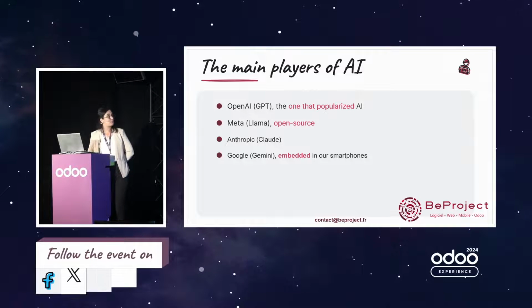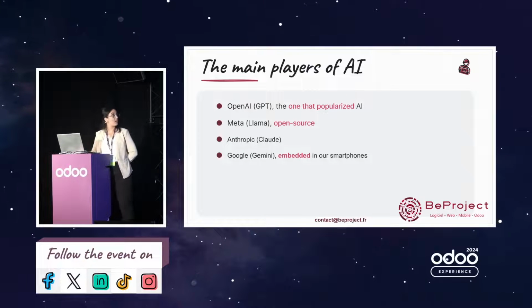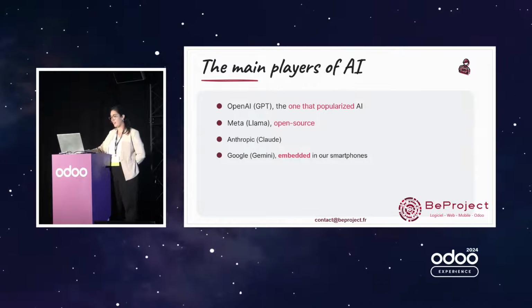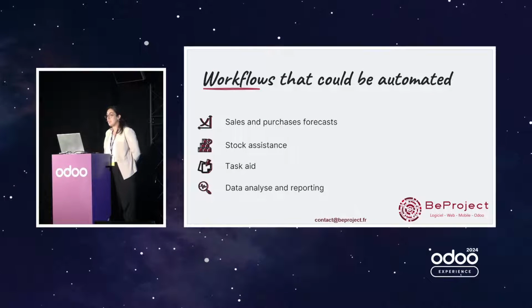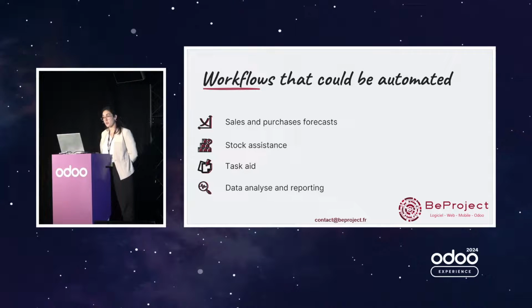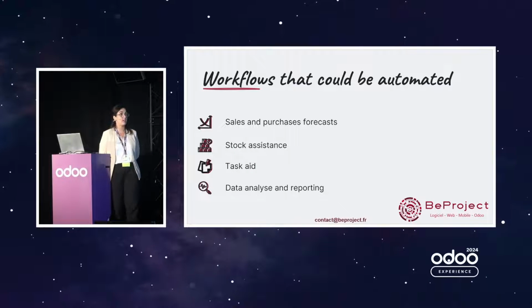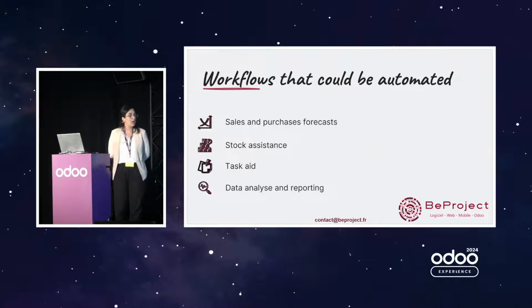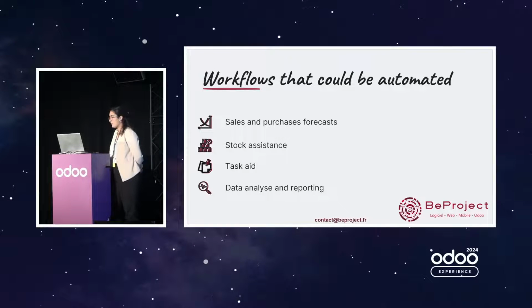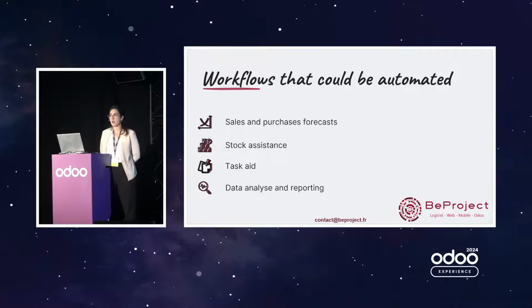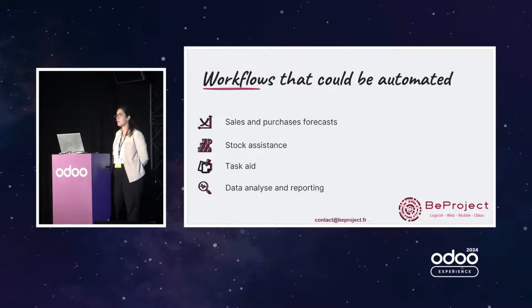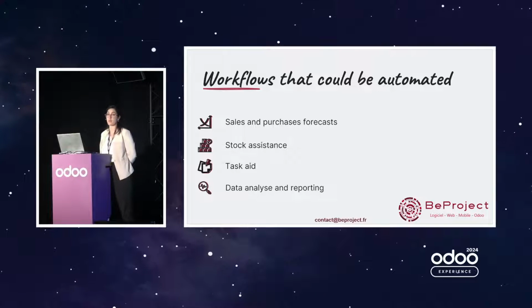Now that I have presented a little bit about what AI is and the main players of AI, what kind of workflow could be automated in our everyday work and especially in Odoo? Here are some examples. Imagine you are a company that sells organic cosmetics and you open a brand new branch in the north of Europe.